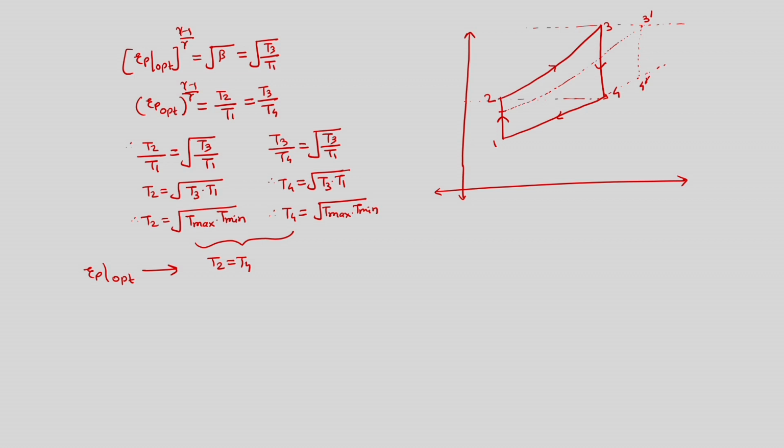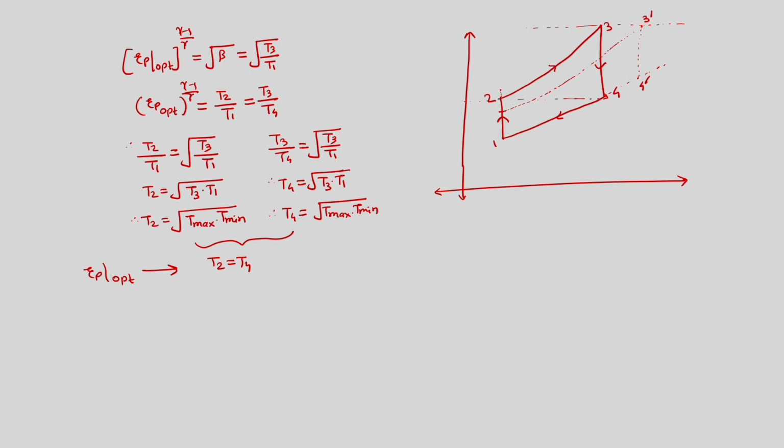Now this case will have lower network output since exhaust temperature is more, so more heat is rejected, so that is why we will have lower work output.